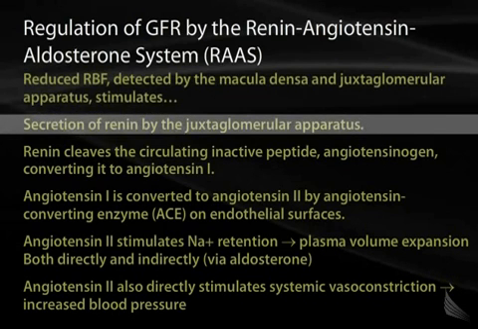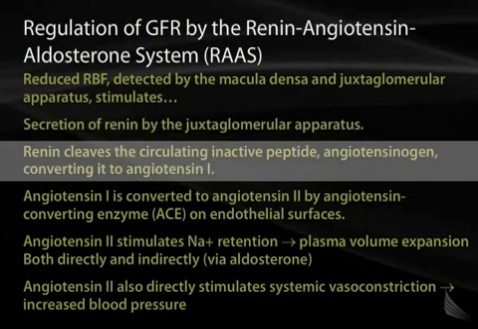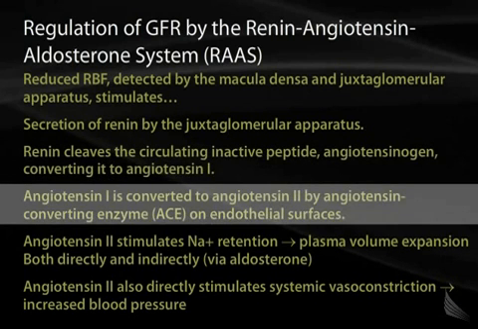The juxtaglomerular apparatus is responsible for the synthesis and secretion of renin. Renin cleaves the circulating inactive peptide, angiotensinogen, converting it to angiotensin 1. Angiotensin 1 is converted to angiotensin 2 by angiotensin-converting enzyme on endothelial surfaces in the lung as well as in the kidney itself.